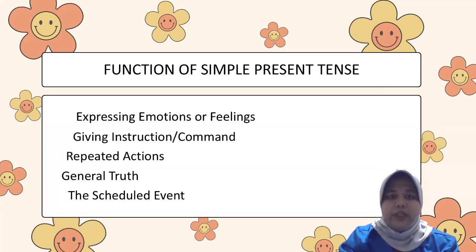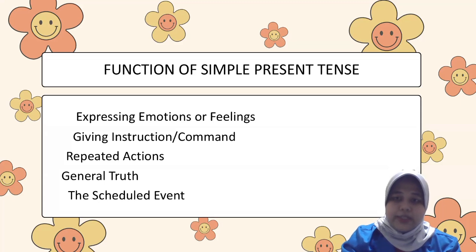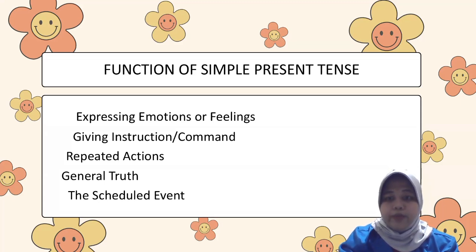The example is rabbit eats vegetables. And five, repeated action. The last function of the simple present tense sentence is to show activities or action carried out in everyday life. The example is I go to campus every day.